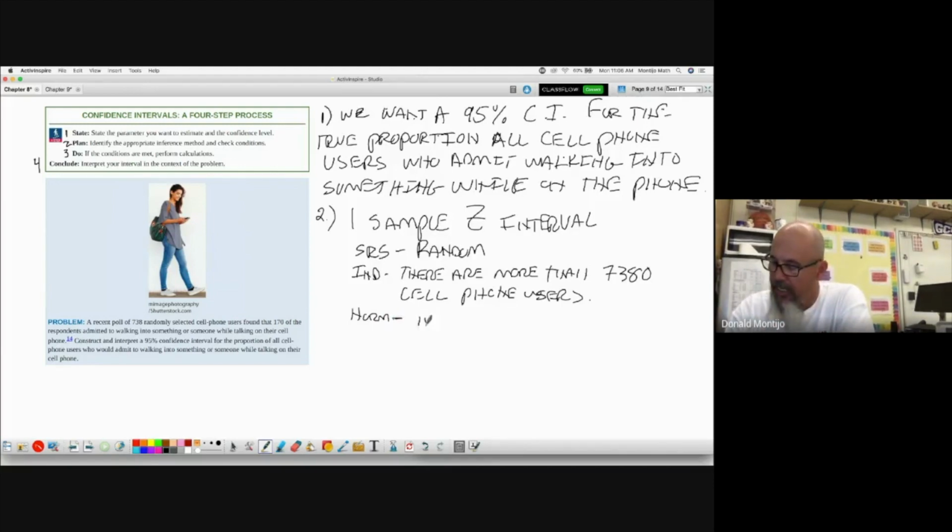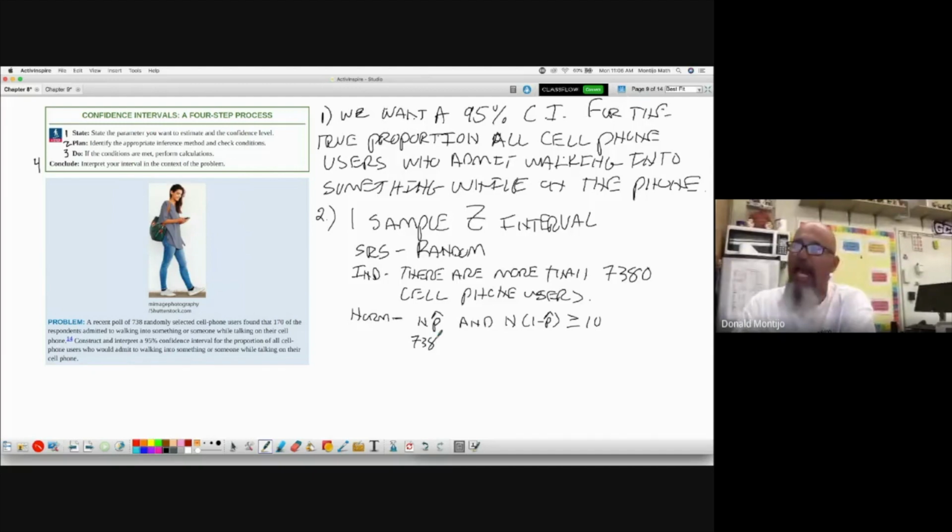Does n times p hat and n times 1 minus p hat, are they both greater than or equal to 10? Well, n is 738. What is p hat? Well, I don't know. I need to calculate p hat.